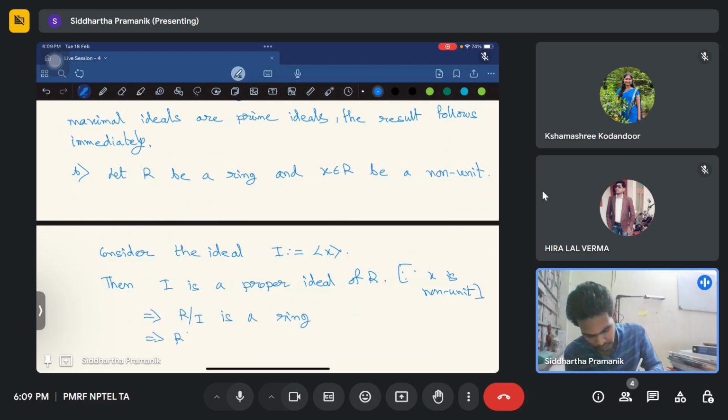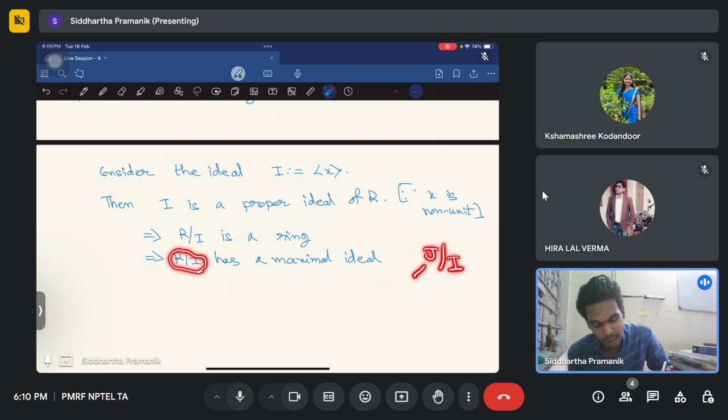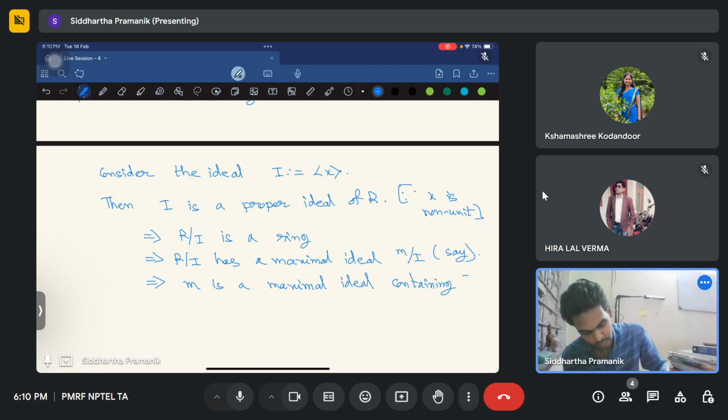So that means R mod I has a maximal ideal. By the correspondence theorem, every ideal of this quotient looks like J mod I, where J is an ideal which contains I. So the maximal ideal, let's say M mod I. Then M is a maximal ideal containing I. So M contains the ideal generated by x, so x must belong to M.